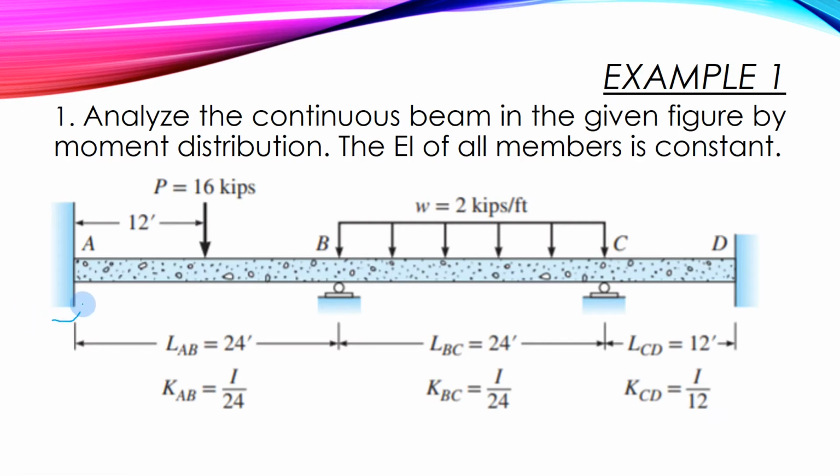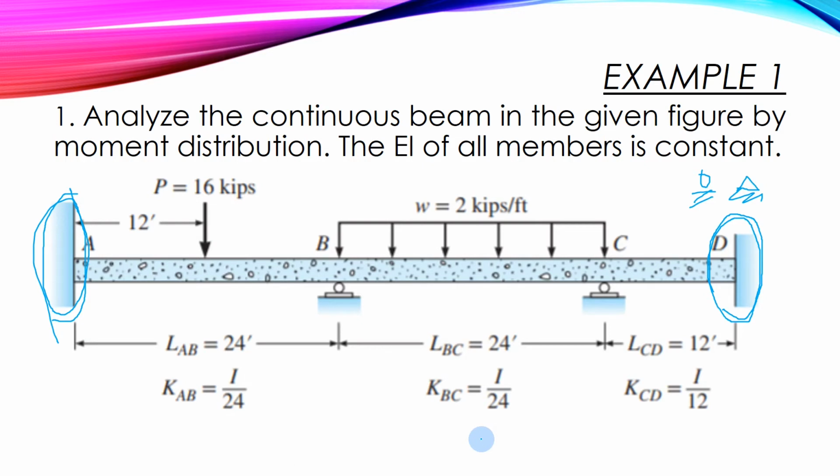Later we will see what to do if the farthest end support is either a roller or a hinge, to lessen the procedure. Given that A and D, the end supports, are both fixed, then we have a roller support at B and at C.